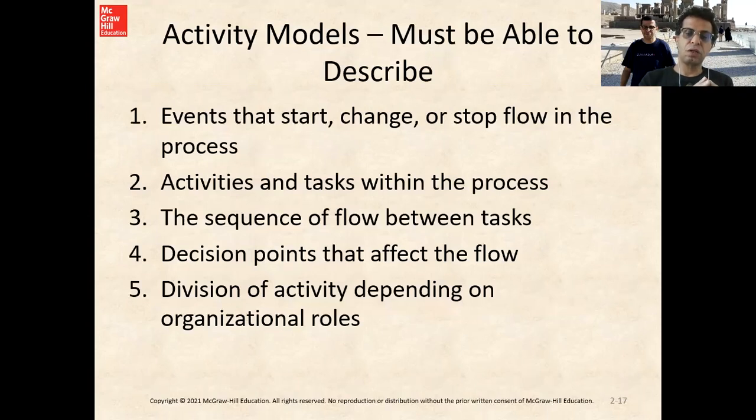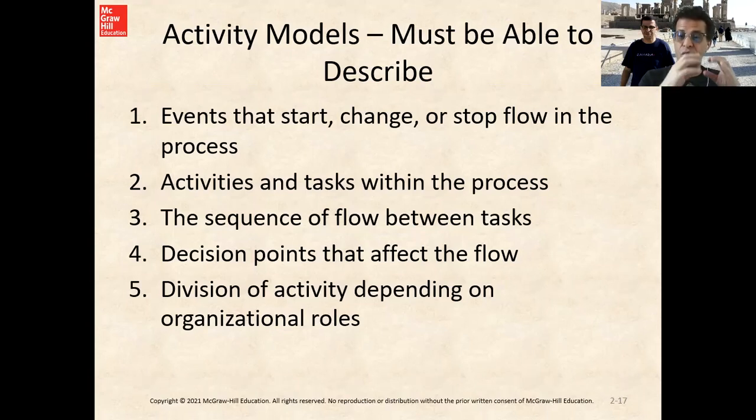Activity models must be able to describe events that start, change, and stop in the process. Where the events start, what changes are happening, and when it's supposed to stop.